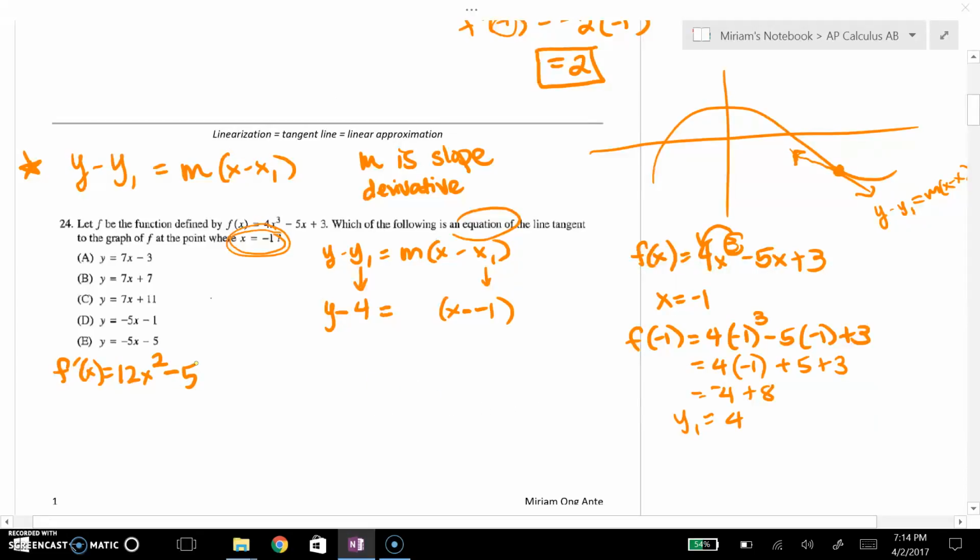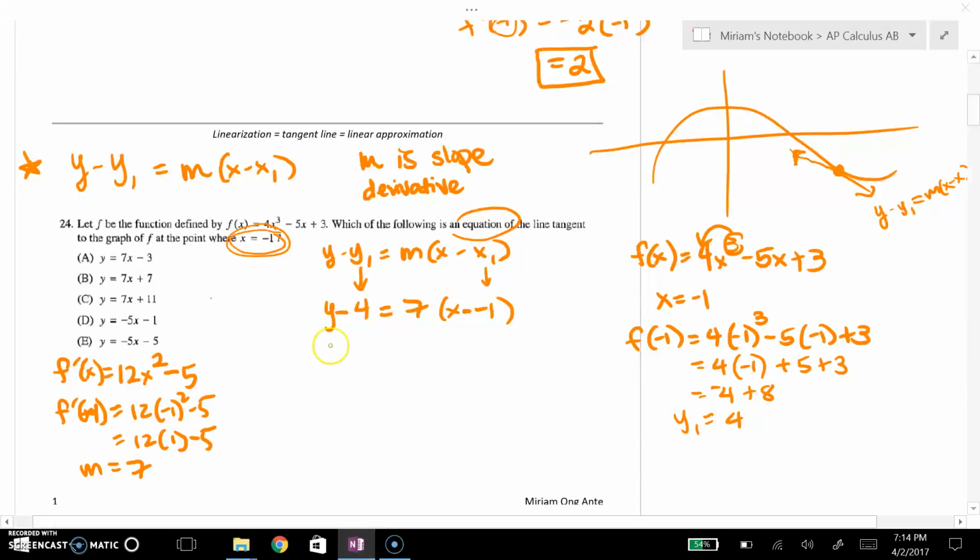And then we have to evaluate it at the point that we're looking at. Well, we're looking at x equals negative 1. So we're going to plug in negative 1. 12 minus 5 will give us 7. And that is my slope. So take a minute, make sure you know where all the pieces come from.